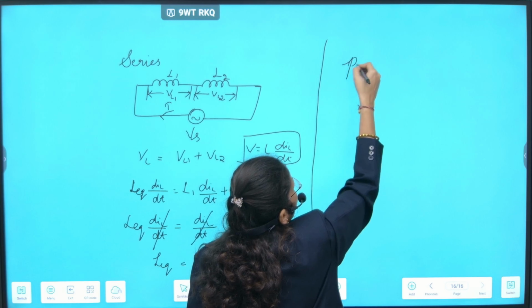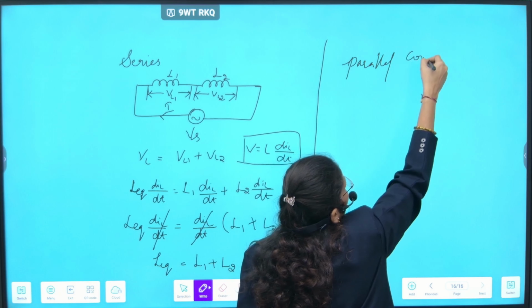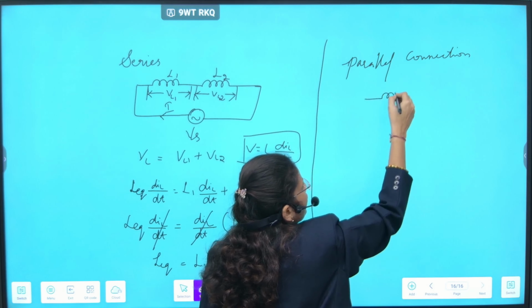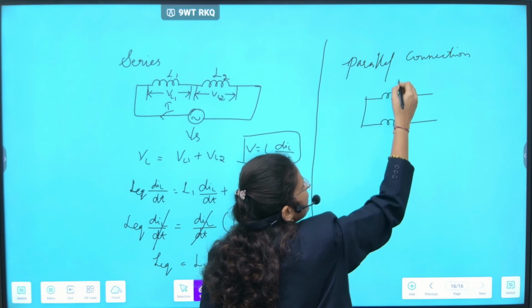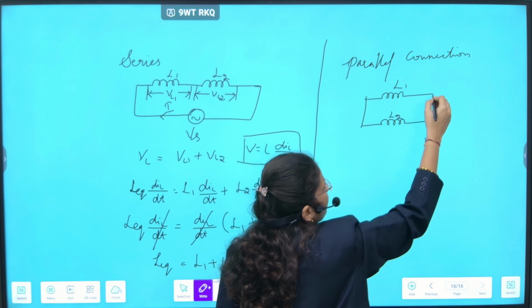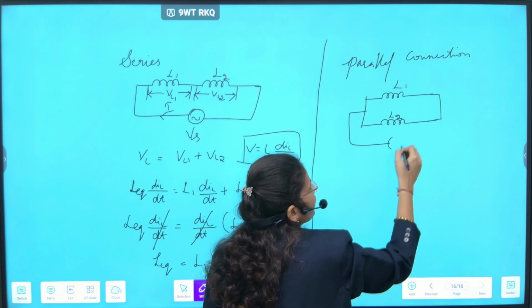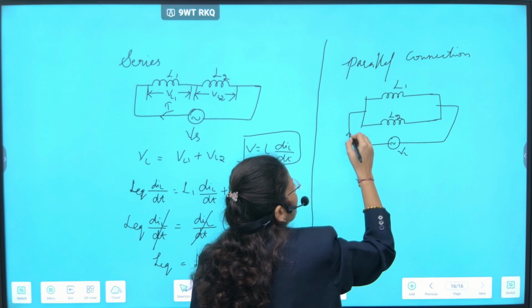In parallel connection, the starting end of the first element should be connected to the starting end of the second element, and the ending end of the first element should be connected to the ending end of the second element. Voltage is applied.